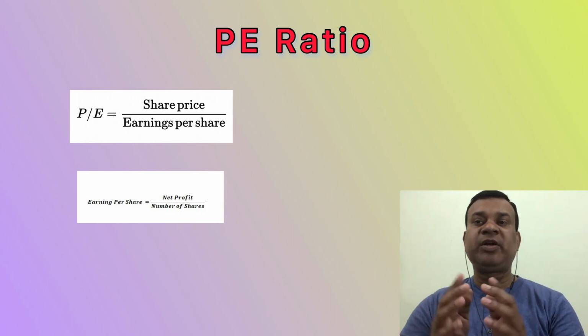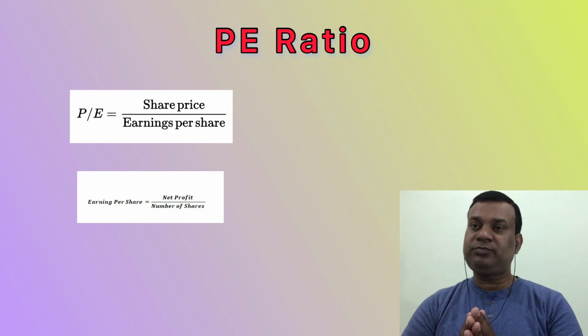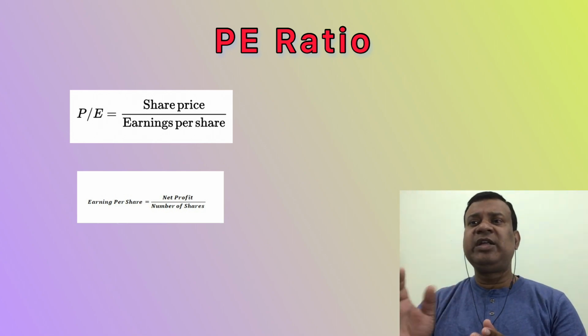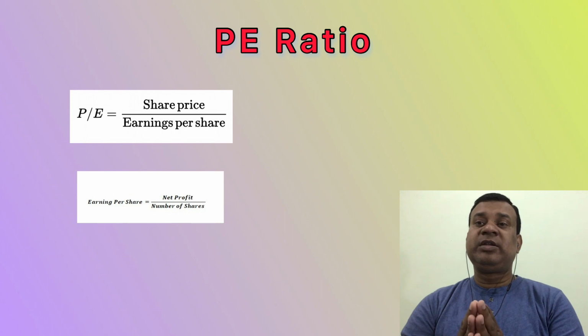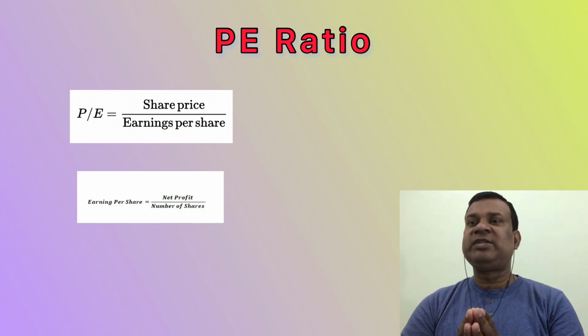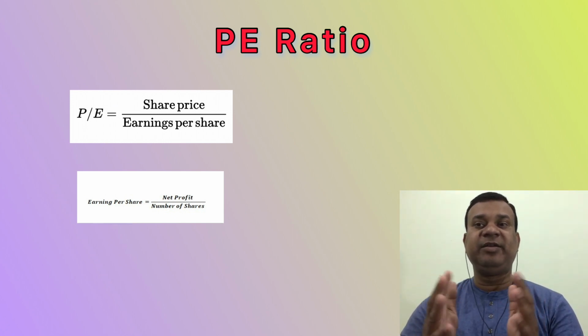So, net profit would remain same for at least 3 months. So, we can say that earning per share will remain constant for at least 3 months, but the stock price of a share will increase or decrease daily as it is traded in the stock market daily.